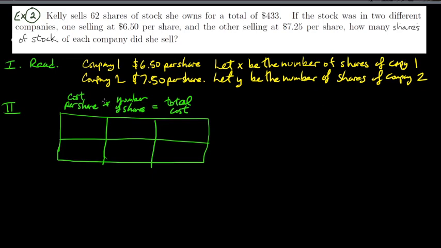Right. So notice this is times now, not adding, right? And we have two different companies, right? Company 1, Company 2.